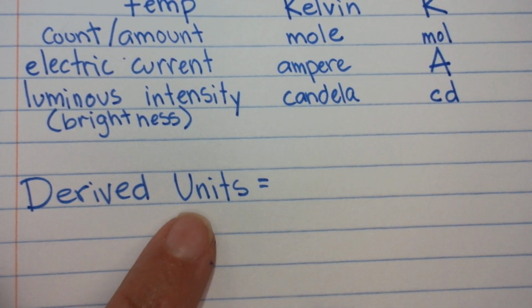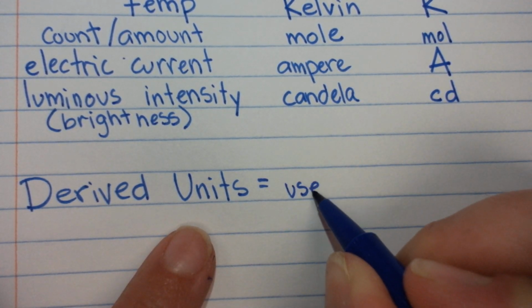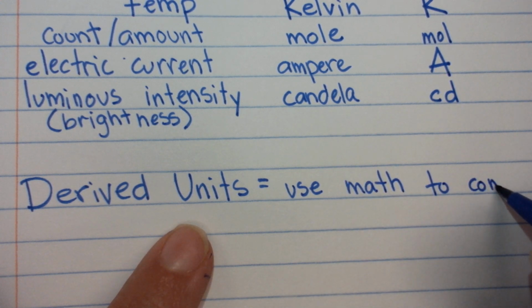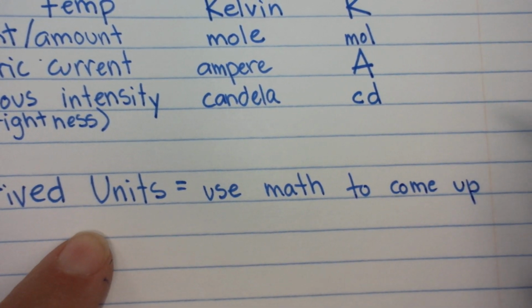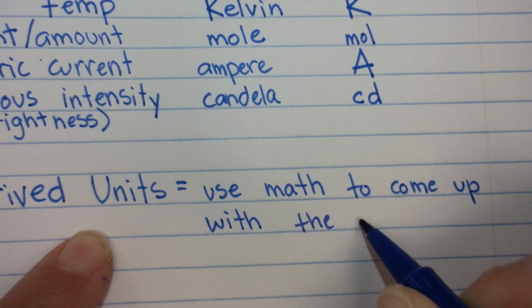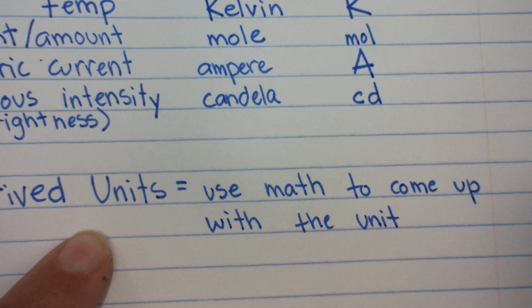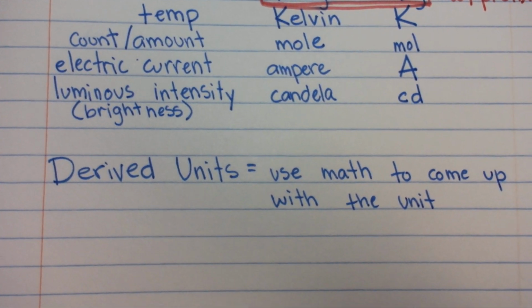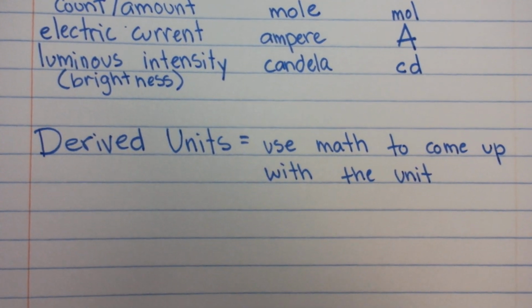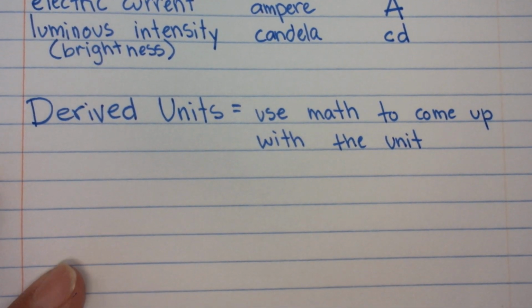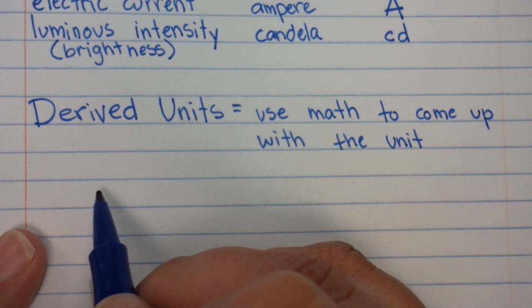But a derived unit, we use math to come up with the unit. So what on earth does that mean? Use math. Here's an example.